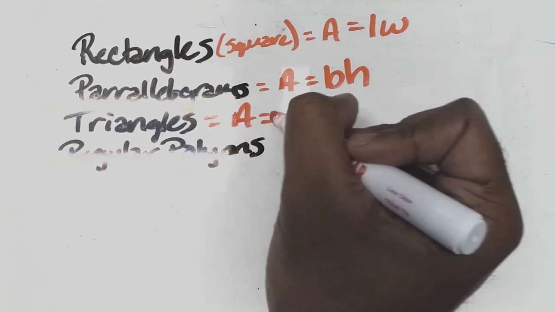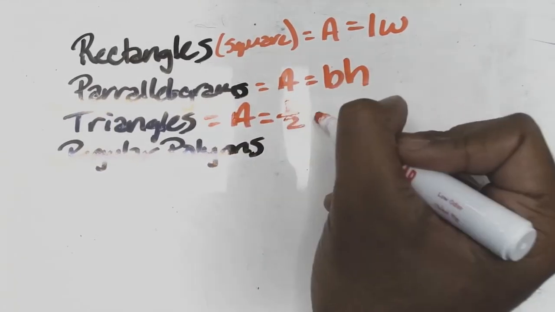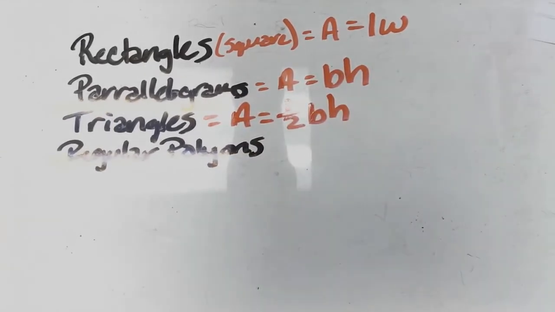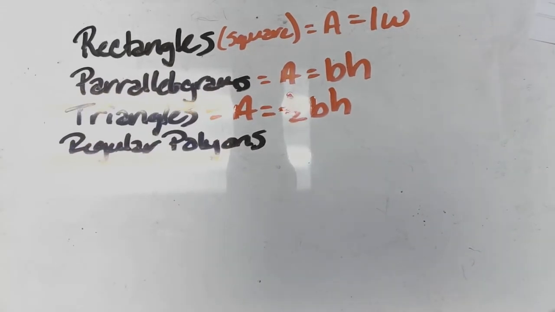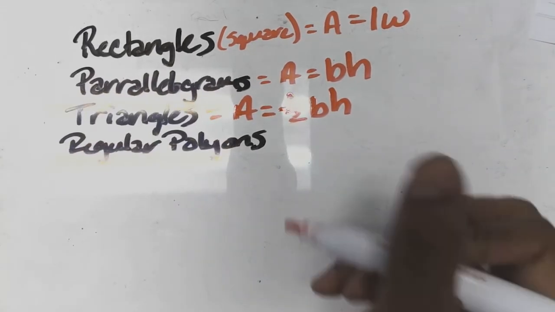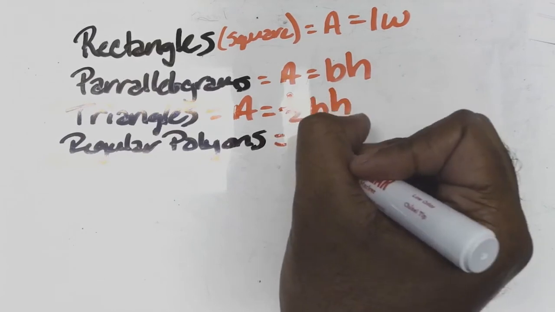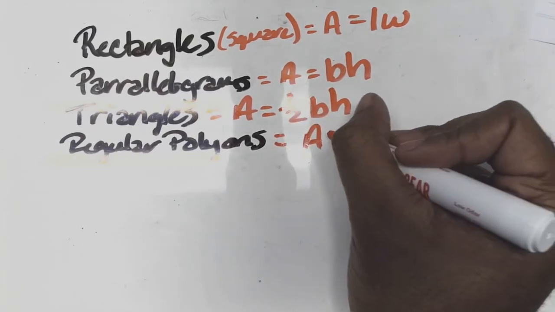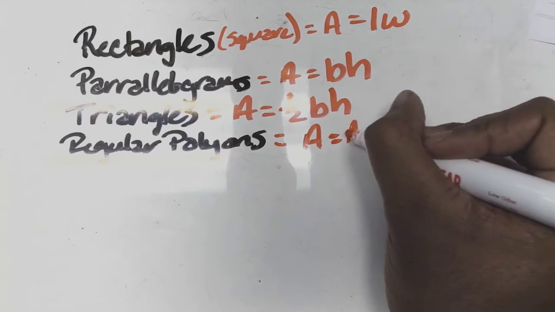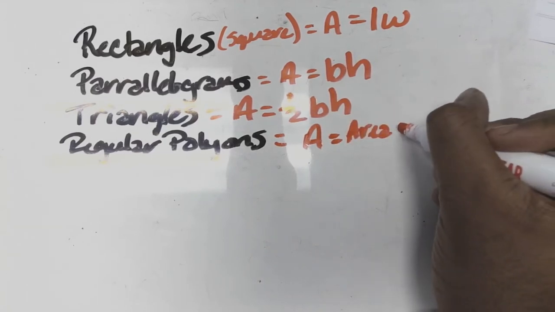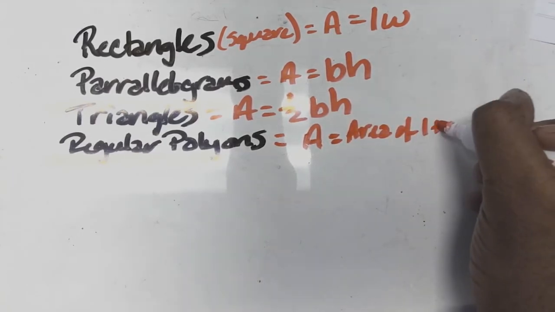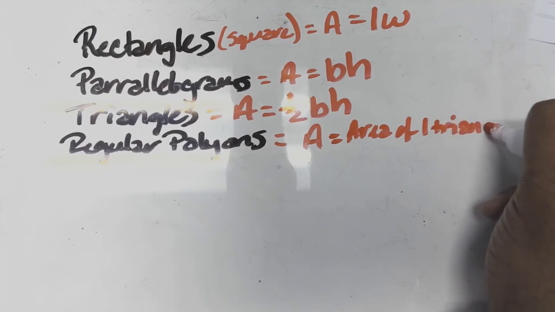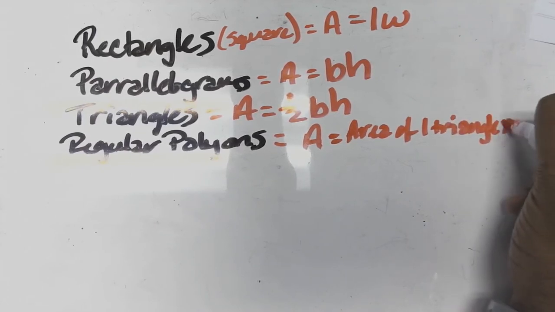That's area equals 1/2 the base times height. And what about regular polygons? That is your area, and that equals the area of one triangle times the number of sides.